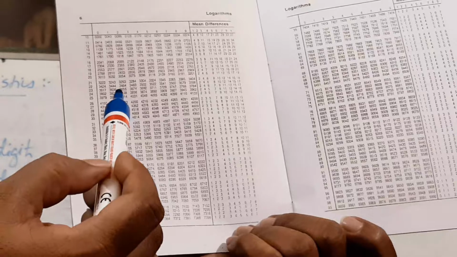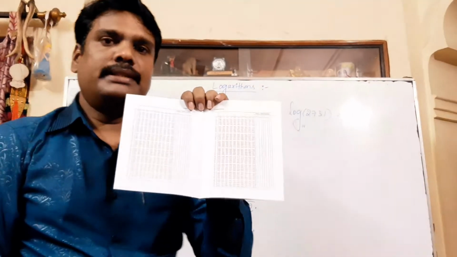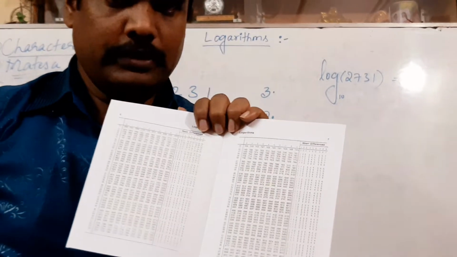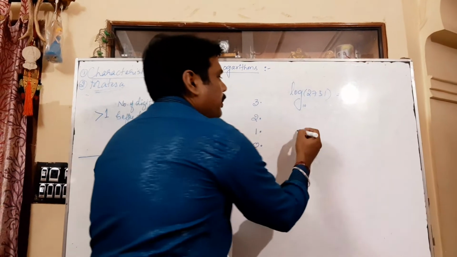So if you want to write the mantissa, this table is essential. It is already pre-calculated for log base 10.